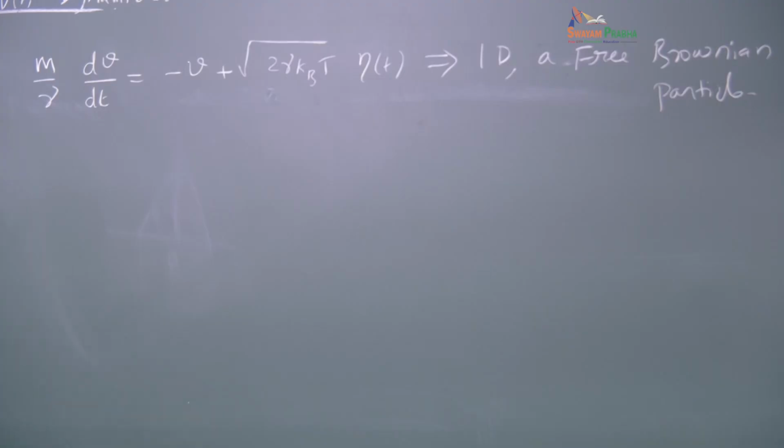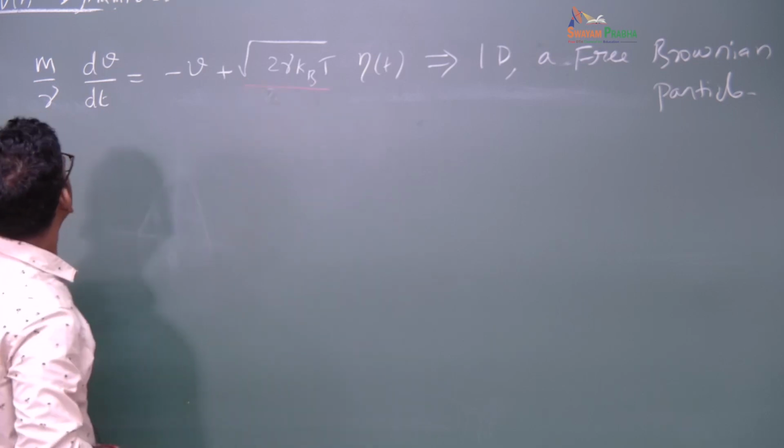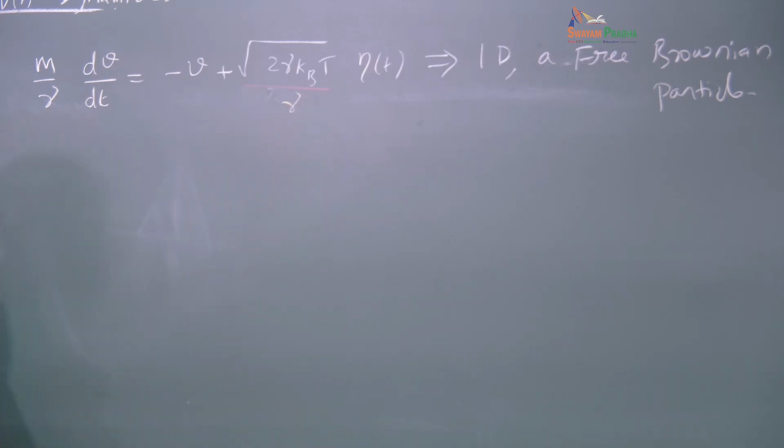Again, in this context, I am going back to the case of a one-dimensional free Brownian particle, and when I write this equation in this form, I think there should be a gamma here also, right?